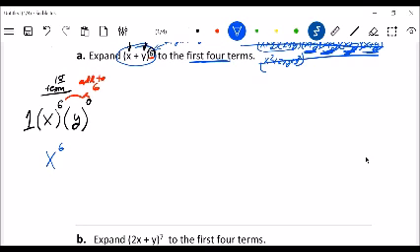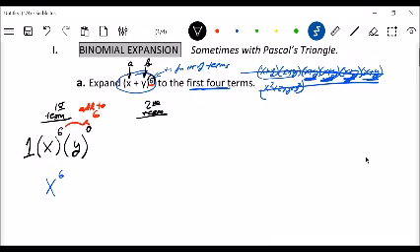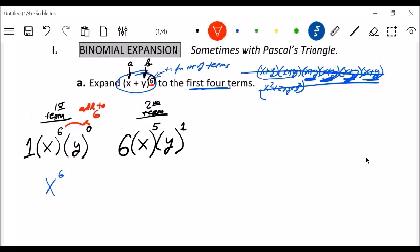Now for the second term, we're going to now have a different exponent. The exponent is automatically the exponent that we have for the binomial. We use 6. And then we're going to put the x and the y, but those exponents change. This one becomes a 5 and this one becomes a 1. So notice the 6 goes to 5 and the 0 goes to 1.